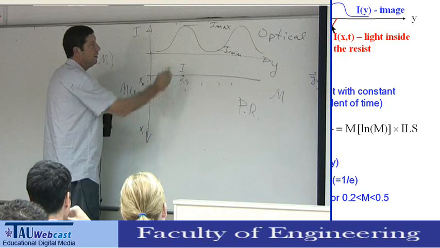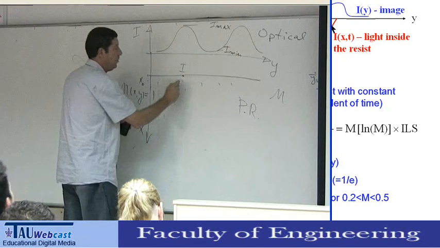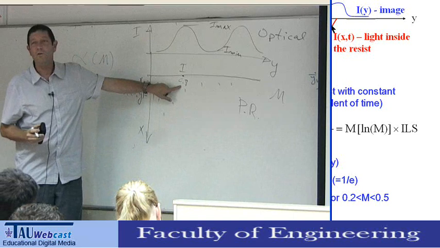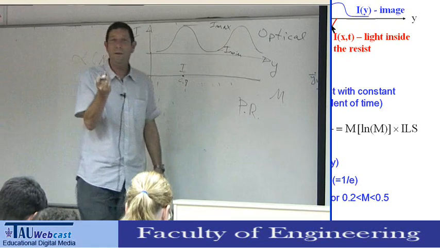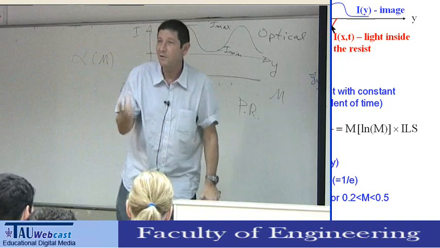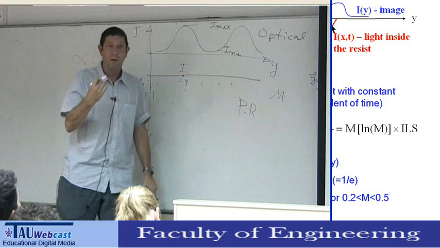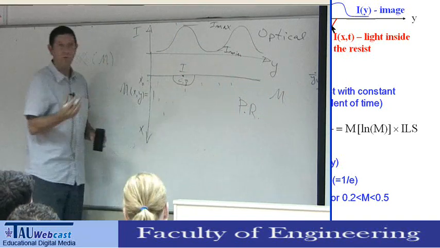I have more light, and after I illuminate more time it becomes 0.8. Now because the concentration of the photoactive compound becomes smaller, what does it mean? It means that the photoresist becomes more transparent. It absorbs less light. So this area becomes more transparent.